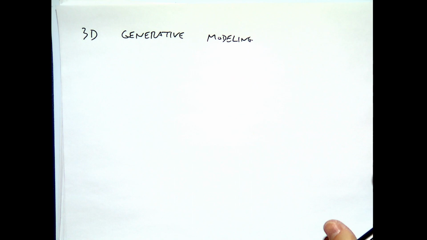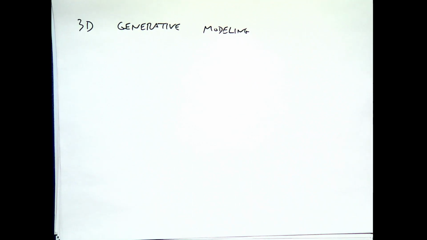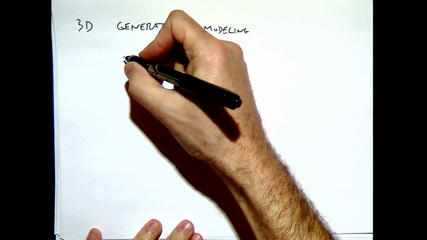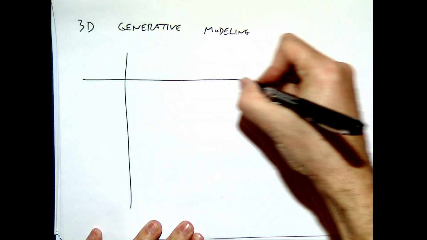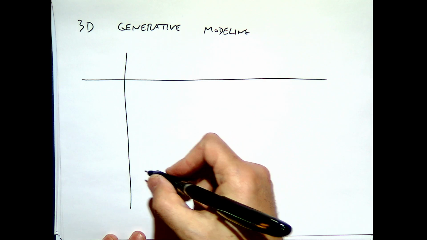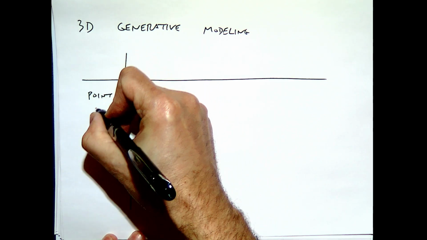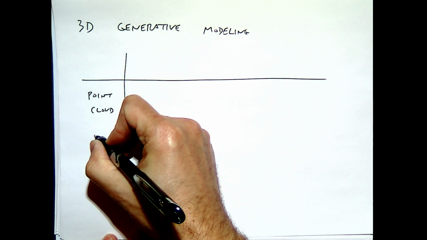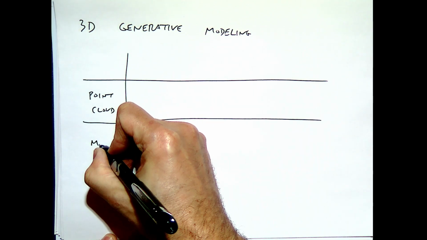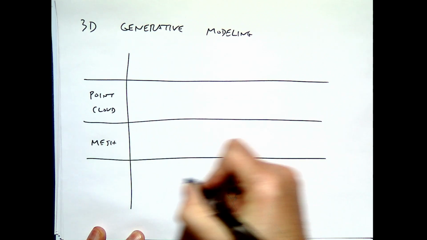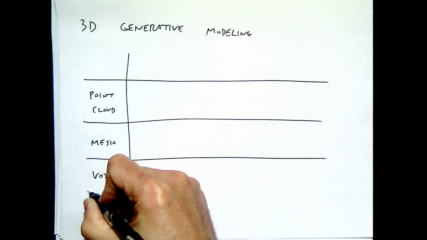There are a lot of papers in this area, and we could categorize them in various ways. We could build a grid where on one axis we have the representation: point cloud, mesh, voxel grid, NeRF.